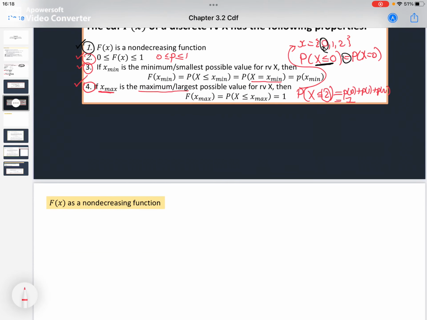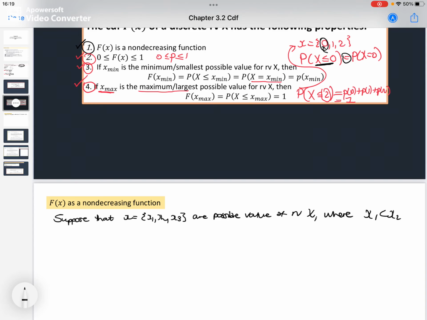Good. So now this concept of a non-decreasing function, what does it mean? Suppose x1, x2, and x3 are possible values of random variable X, where x1 is less than x2, which is less than x3.